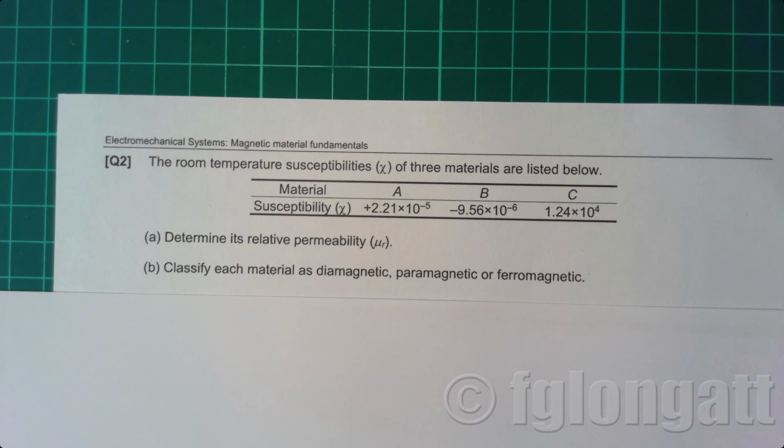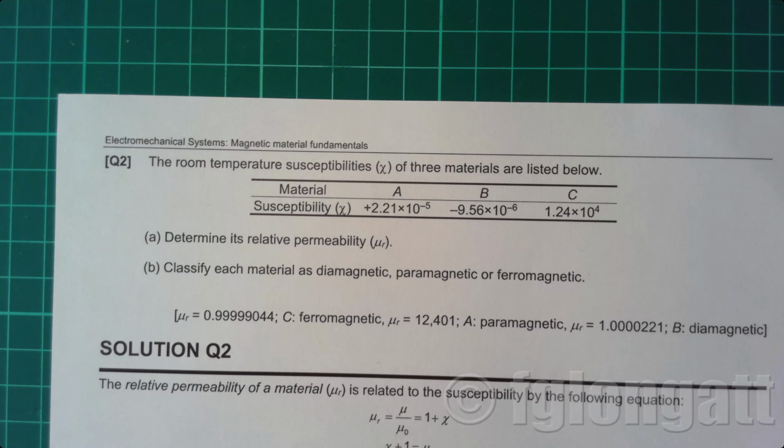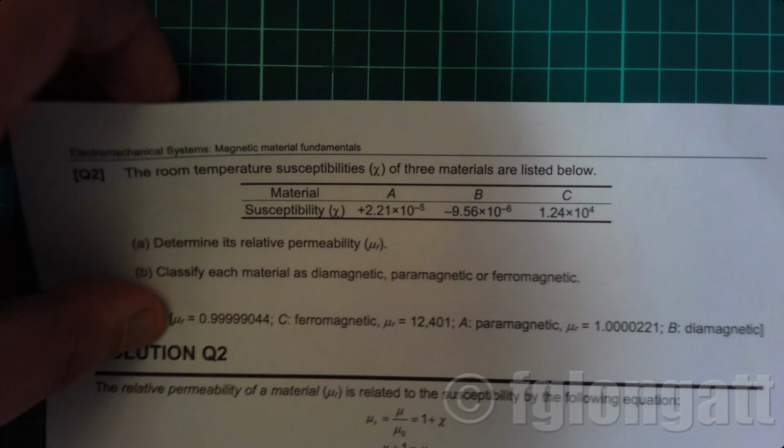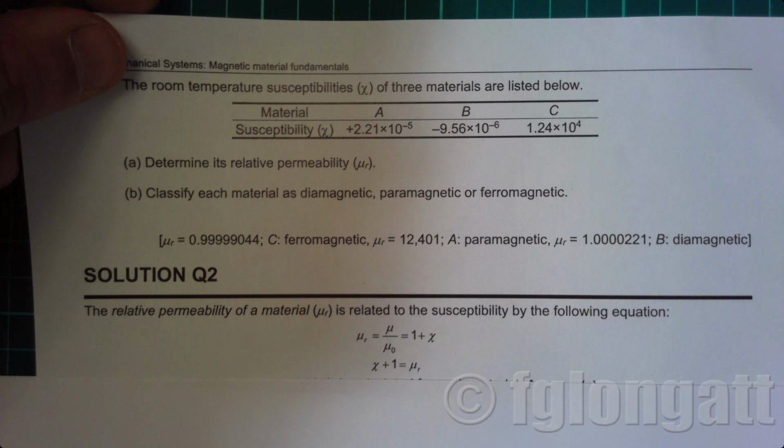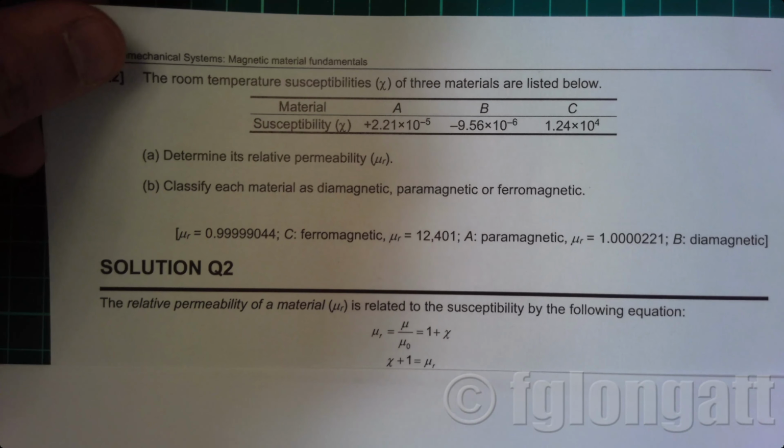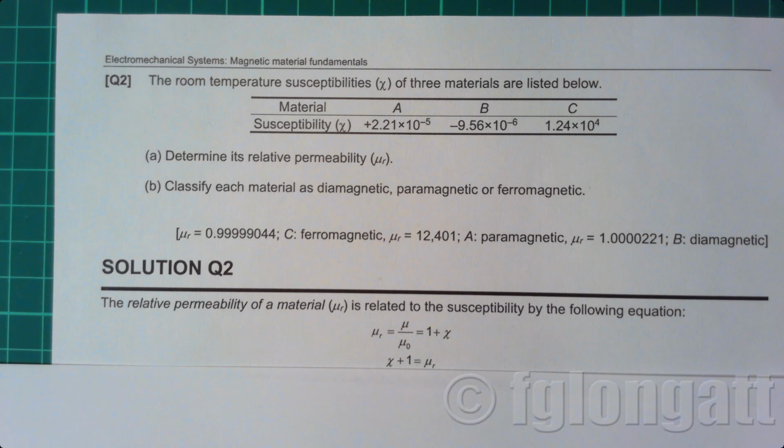The solution of this problem is extremely simple, because all my students must remember the previous class. You attend the lectures, and there are also some recordings around. So you must remember the equation defining the relationship between the relative permeability, mu r, and the magnetic susceptibility, chi.